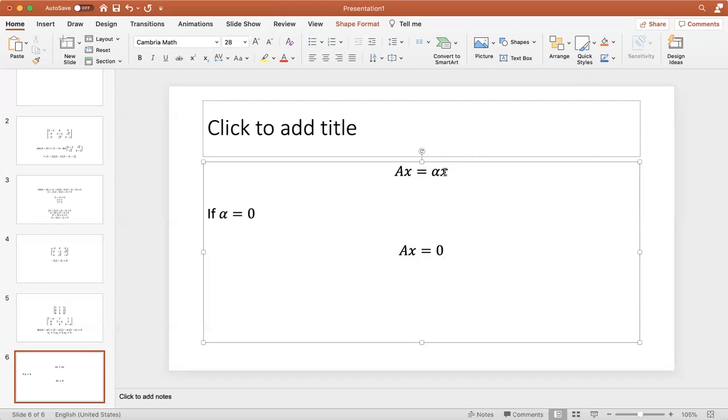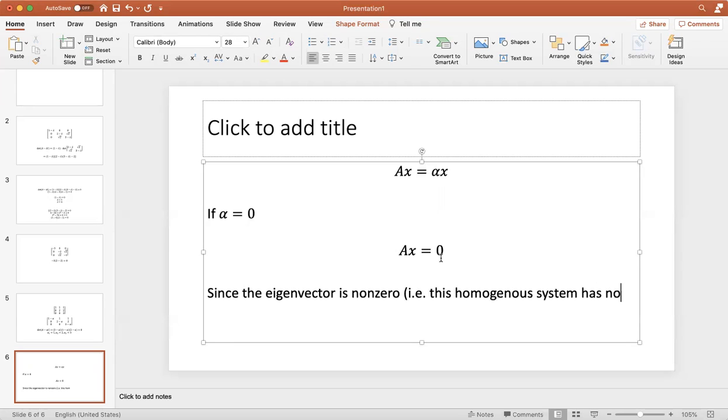Now, since the eigenvector is non-zero, it means that in this homogeneous equation, we have a non-trivial solution, i.e., this homogeneous system has a non-trivial solution.